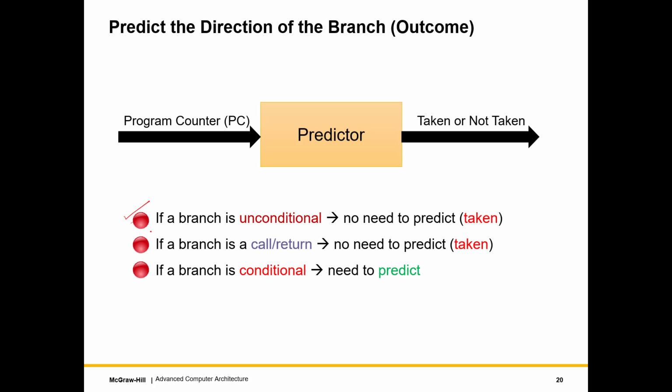If a branch is a call or return, it is also taken all the time, so here also there is nothing to predict. The fun comes in conditional branches, like branch if equal, branch if not equal, which are essentially dependent on the outcome of the last compare instruction in the program.